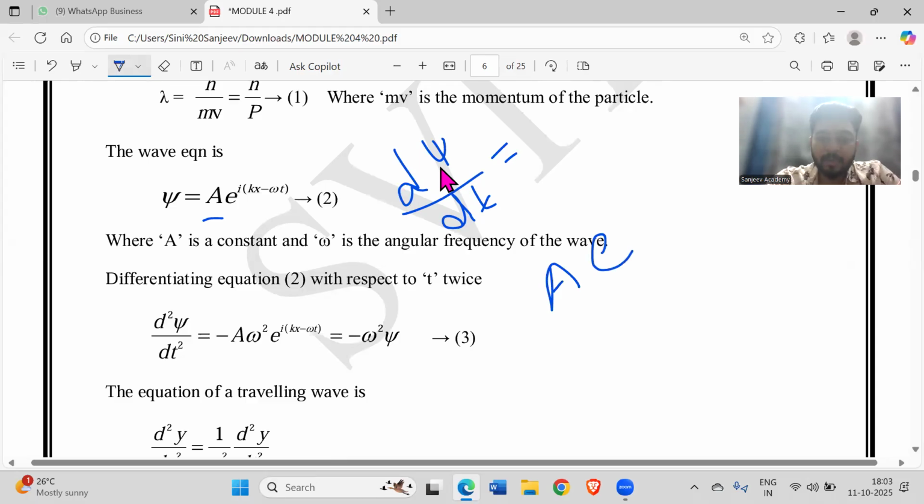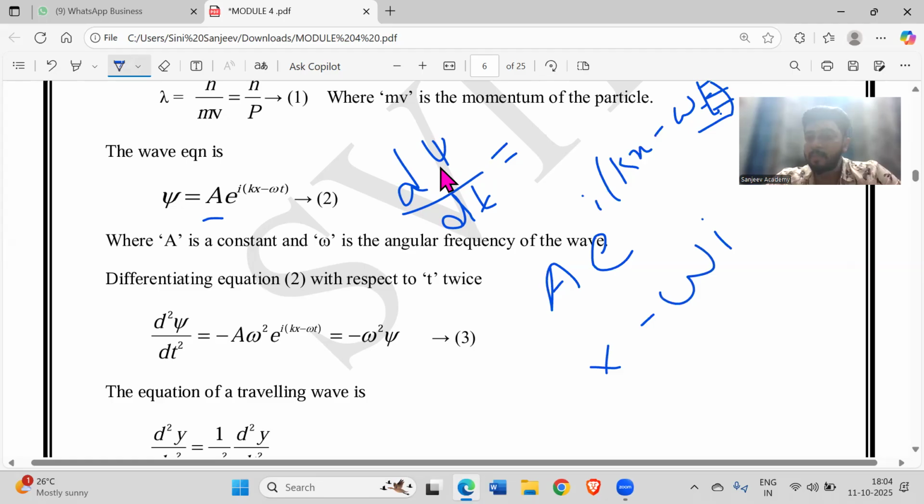So e power i(kx minus omega t) stays as it is, into the differentiation with respect to t. The i kx term gives 0. Then with respect to t, this is my omega t, so the differentiation of t is 1, and I'll get minus omega i. Once I differentiate with respect to t, I'll get this. Clear? This is my d psi by dt.